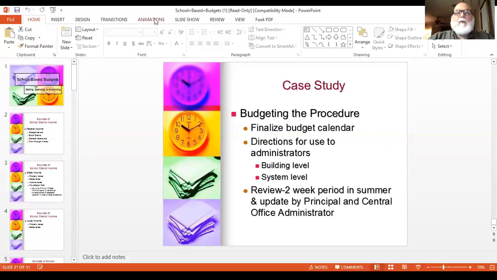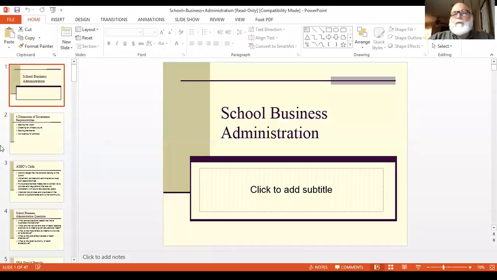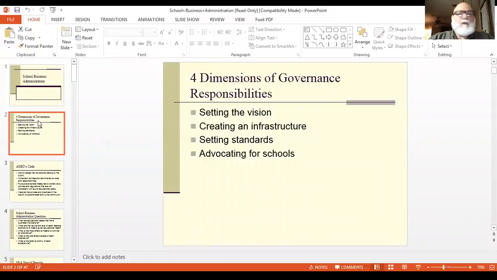Now, the other one that I have for you tonight is one just to save. This is the big picture. This is when you get to the central office. This is about developing a budget for a school district. I did include this one.